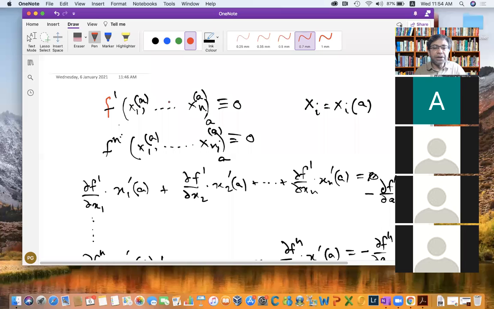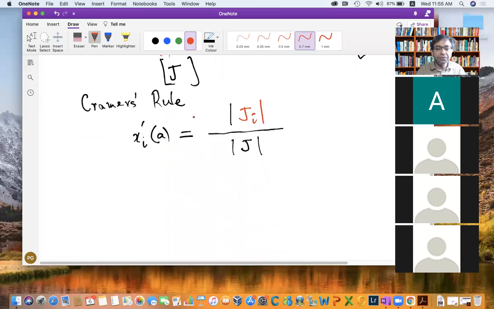Look at the first equation. We are differentiating it with respect to A. A is one of the arguments; I initially skipped it, but it is of this form.